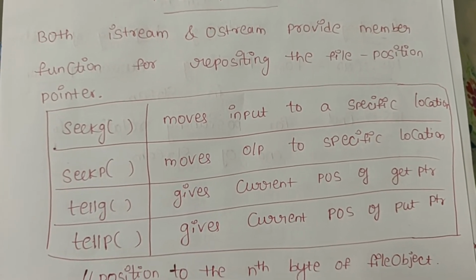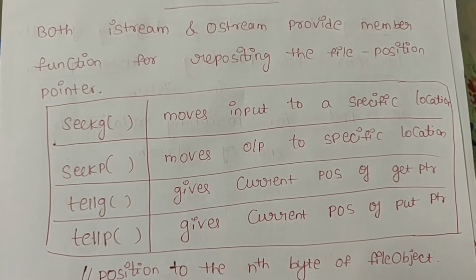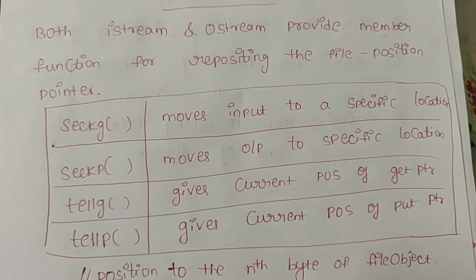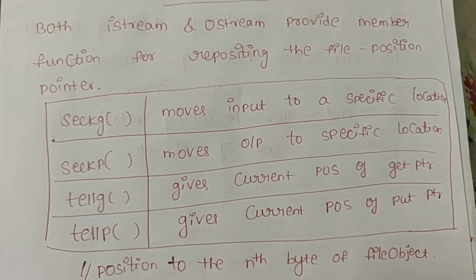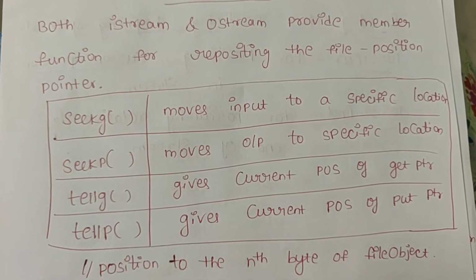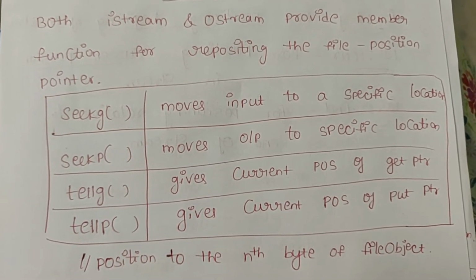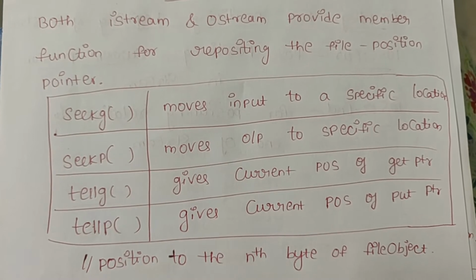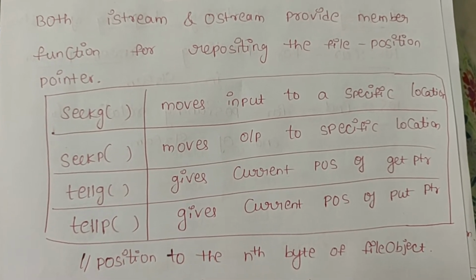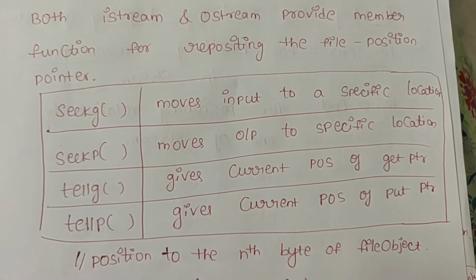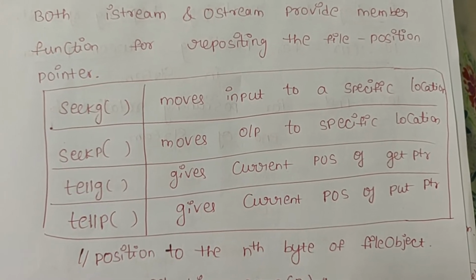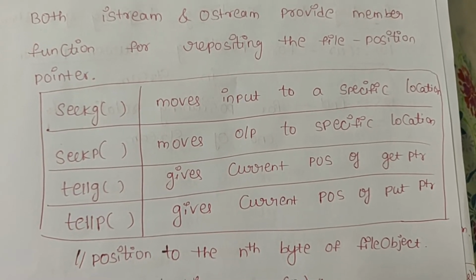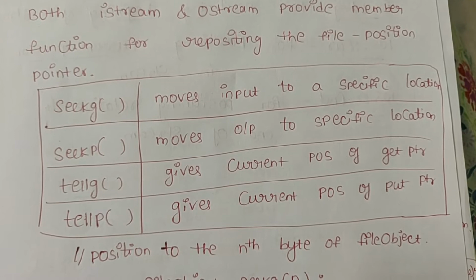First I have seekg. What the seekg function does is it moves the input to a specific location. In files it moves the input to a specific location. In the same way, seekp moves output to a specific location.